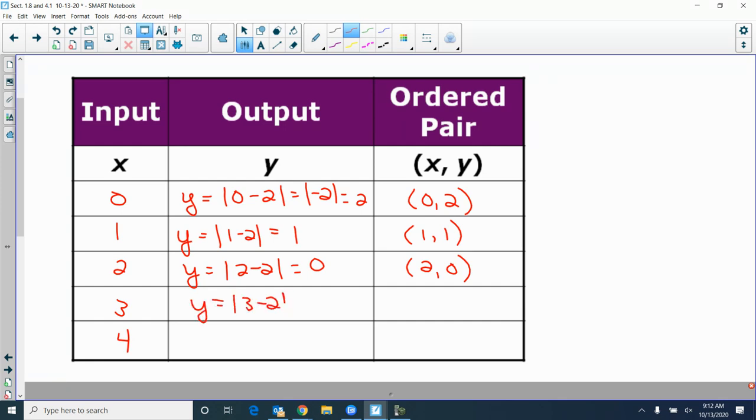Now 3 minus 2 is 1. Absolute value of 1 is 1. So I got the point 3, 1. And then the last one is 4 minus 2, which is 2, and the absolute value of that is still 2. All right, so I want to plot those points.